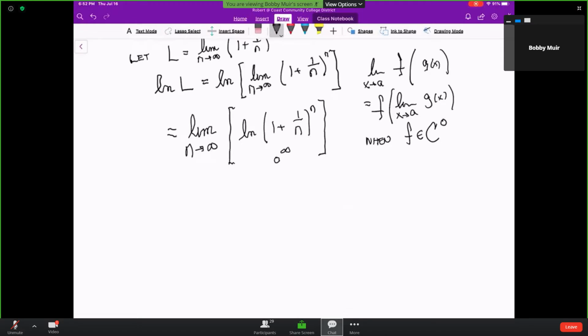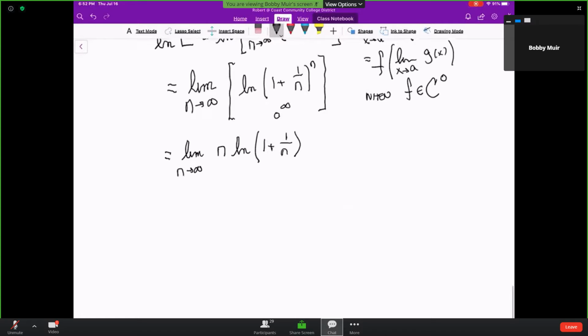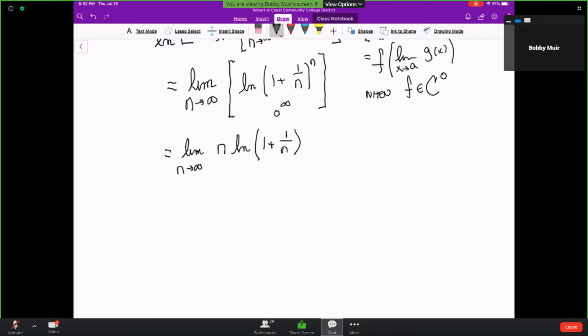When it's fishy, you've got to play around with it. The next thing I'm going to do is bring the n down and put it in front of the logarithm, like so. Now when I look at it, it's infinity times 0.